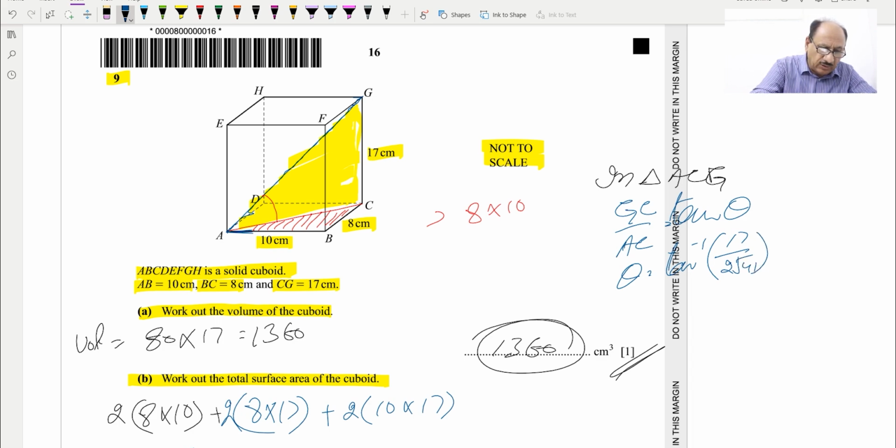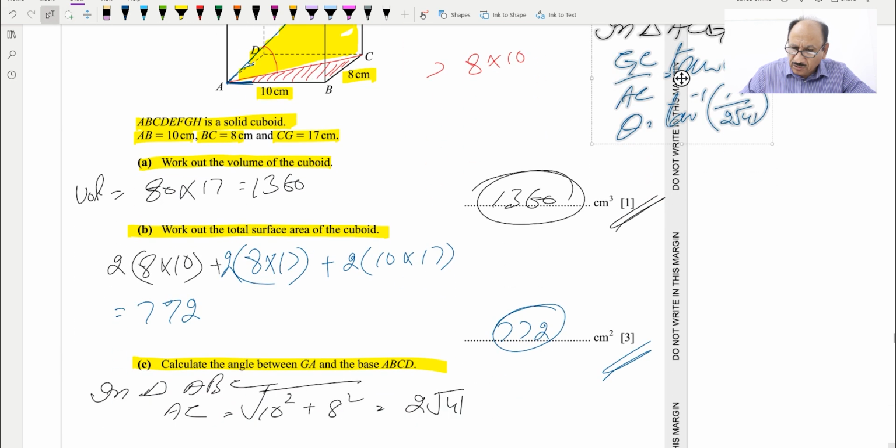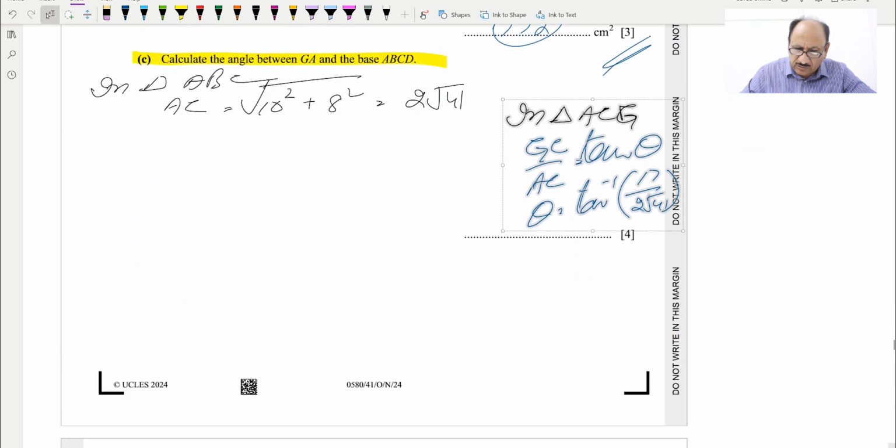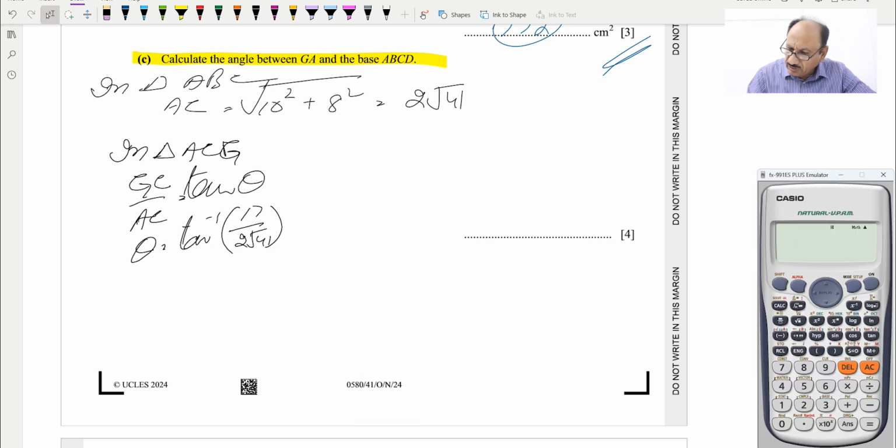And this one we will shift to the proper location of the question. Now we can find this: tan inverse, shift tan of 17 over 2 root 41, and this is giving us the value which is 53.